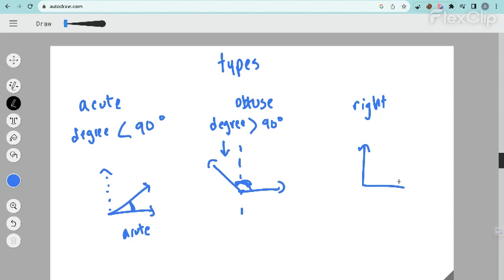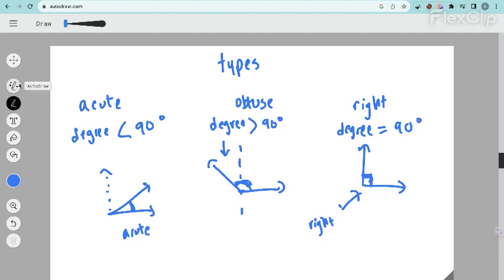Right angles are angles where the degree is equal to 90. So when it's exactly 90 degrees, it is a right angle. You will also know if a geometry problem gives you a right angle because there will be a square in between here. If there's a square at this point, then you automatically know that it's a right angle.